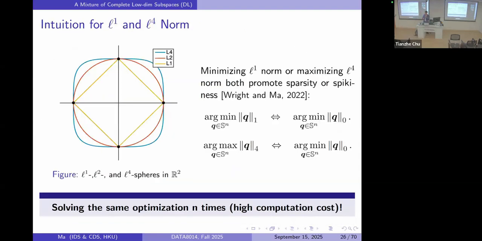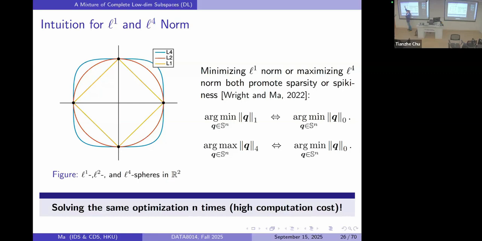Why? It turns out there's actually beautiful geometry behind it, right? Minimize a one norm, right? If you grow a one ball, the one norm ball looks like this. If you grow it from small, first you touch those sparse vertices, those axis points, the sparse vectors. See, those are sparse vectors, right? This vector is not sparse, it has two coordinates, right? This one has one coordinate, this one has one coordinate. So you see, if you grow a one ball, the vertex touches the sparse vector first.